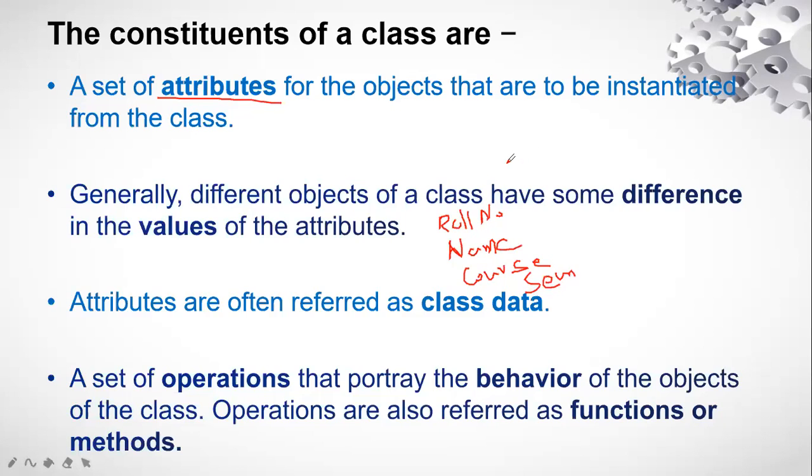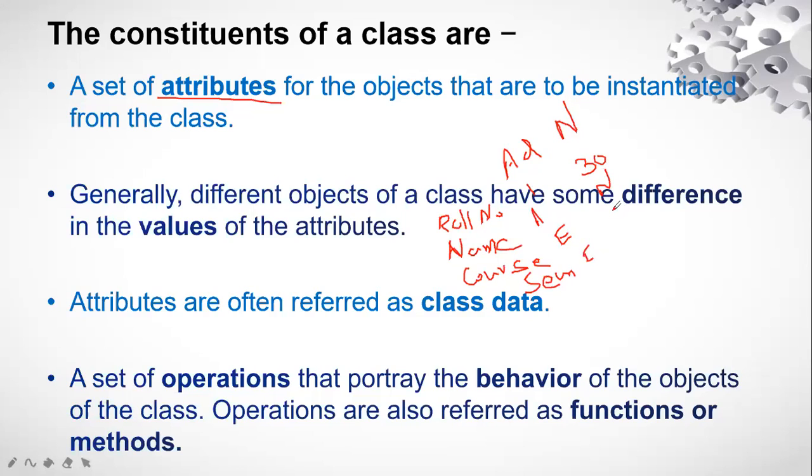But the roll number of Aditya is, let's say, 1. Name is Aditya. Course is engineering. And semester is first. When I talk about Neha, roll number is, let's say, 30. Name is Neha.